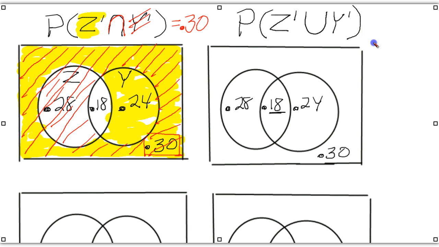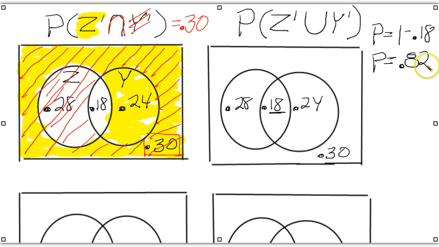Well, we could go probability is equal to 1, which is the whole, minus the 0.18. And that would give us, for this one, the probability is 0.72. Well, that's close.